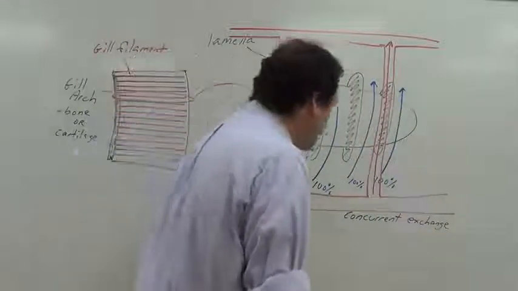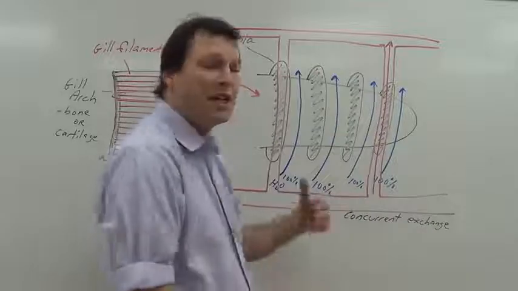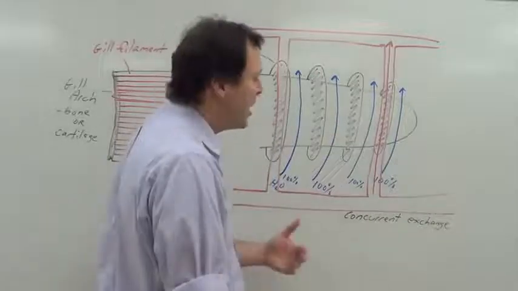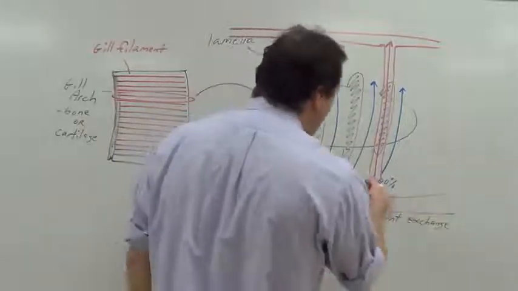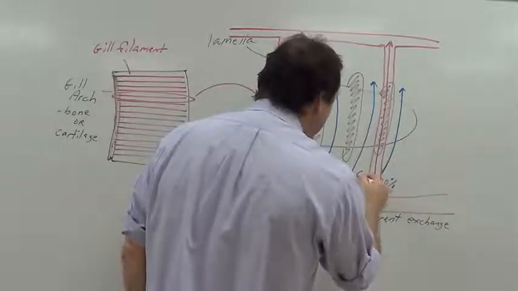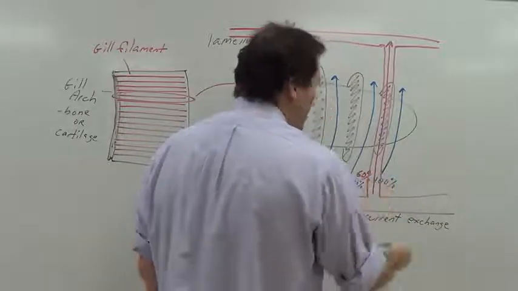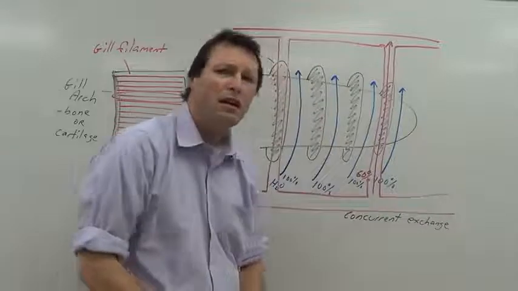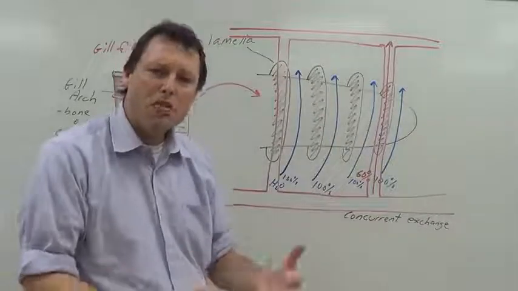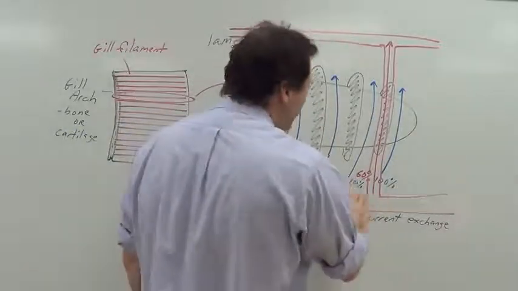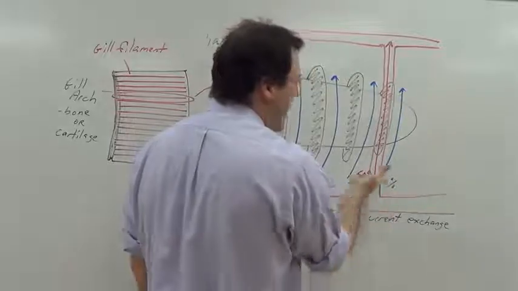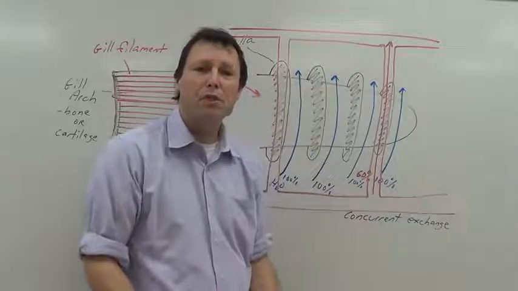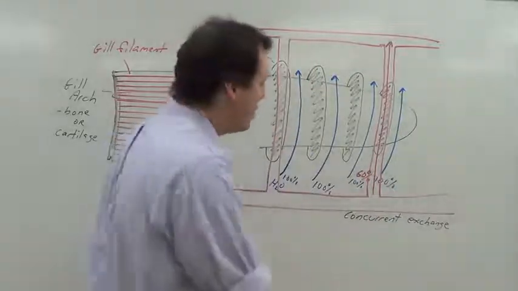Now, let's suppose that the blood contains oxygen, which it does. And again, I'm going to throw out a number. Let's suppose that that blood is 60% oxygenated. This blood just came from the body, from the organs and the muscles, and they used up a lot of the oxygen. So the oxygen's a bit low in the blood, and that's why the oxygen came to the gill in the first place, to get more oxygen.